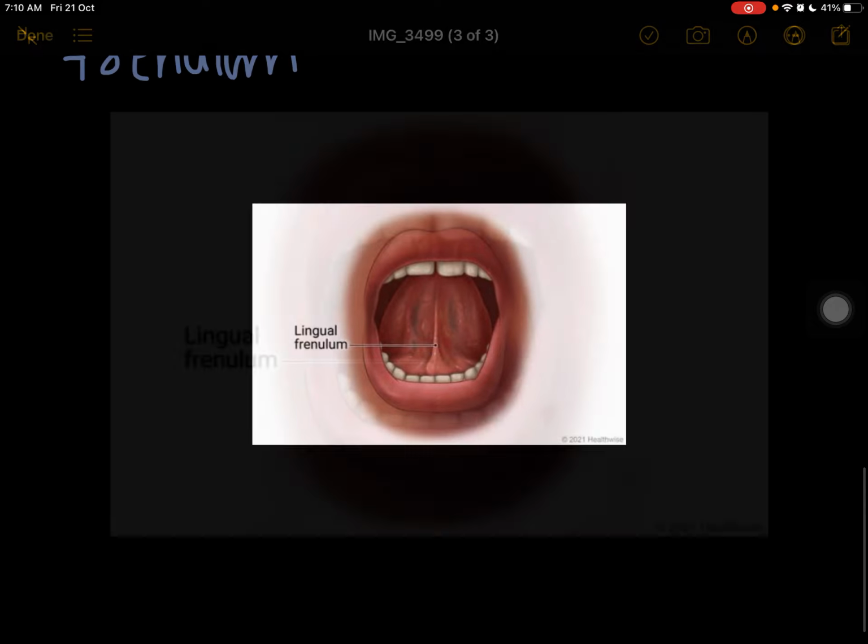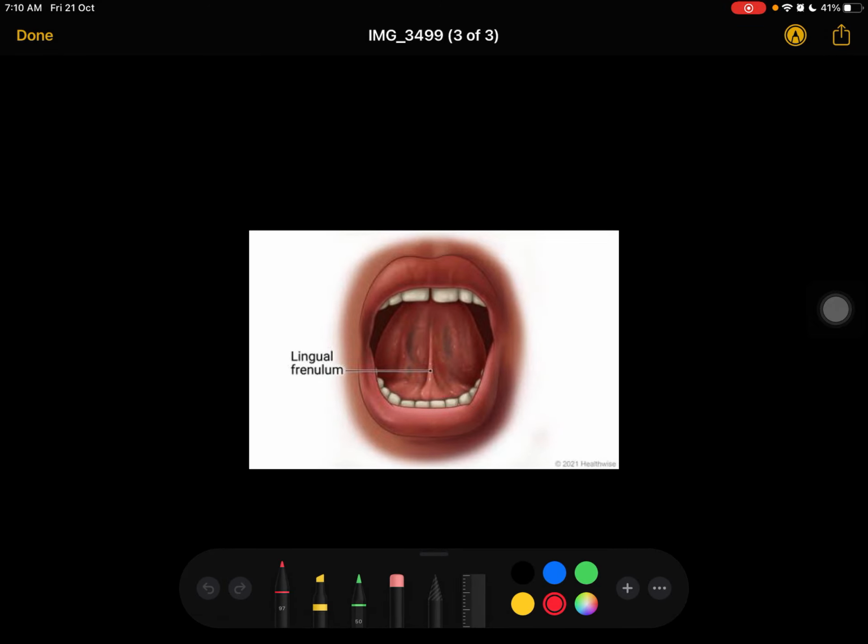You can see over here, this is known as the frenulum. This is basically a ligamentous structure, a ligamentous fold. It provides support to your tongue. This is the frenulum.